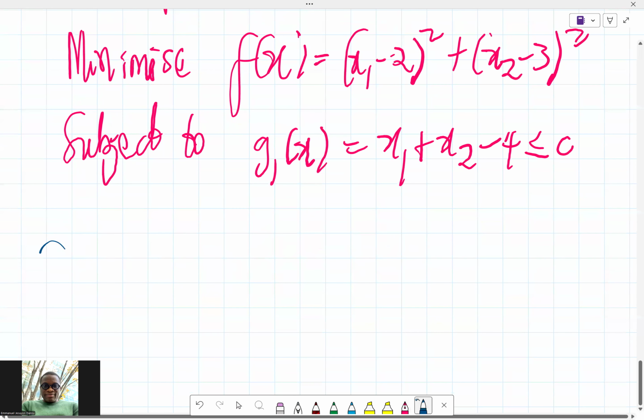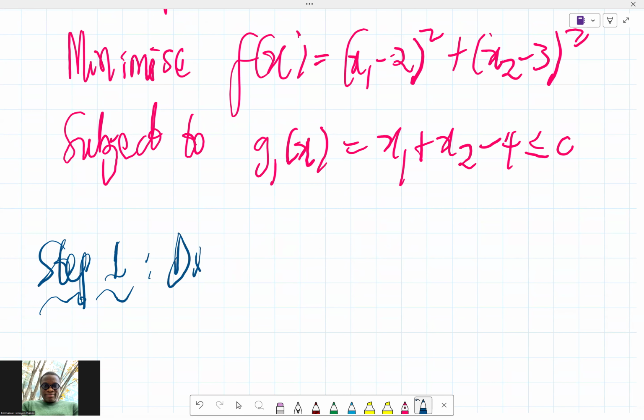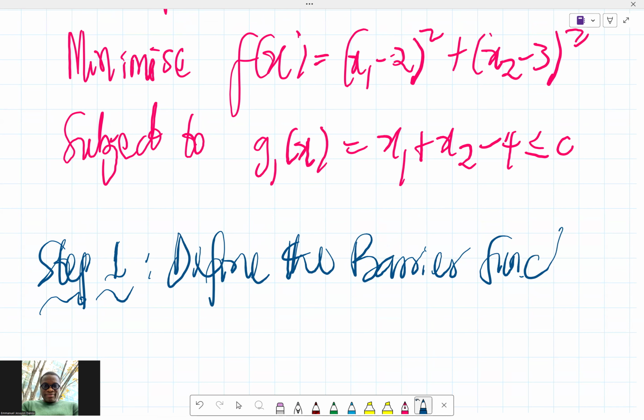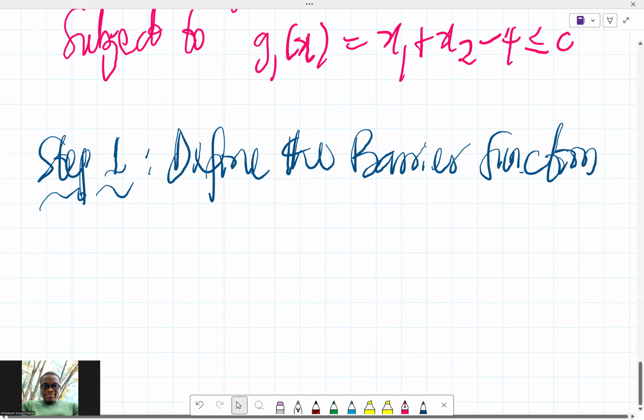So step one in that situation is to define the barrier function. Since we know g1 of x, the barrier function is easy to define.